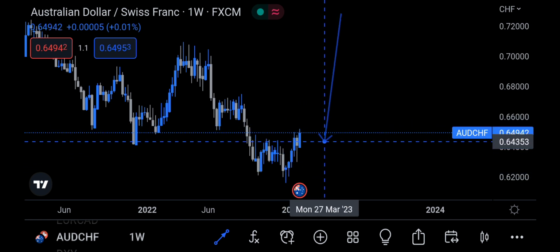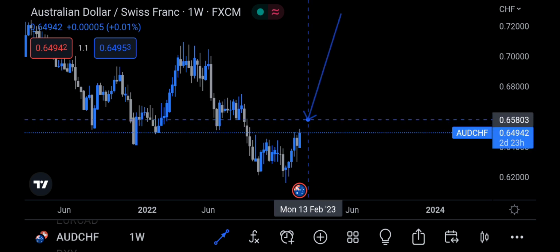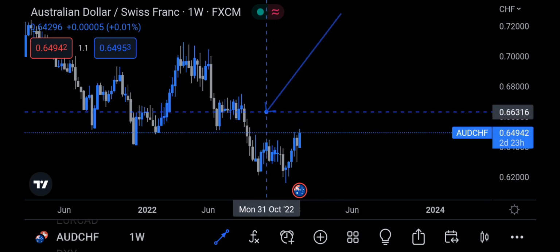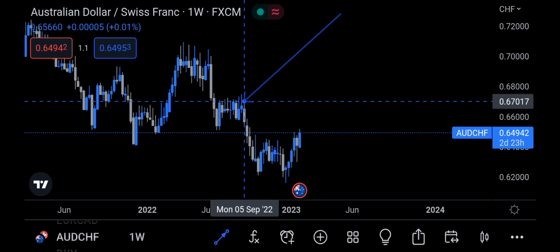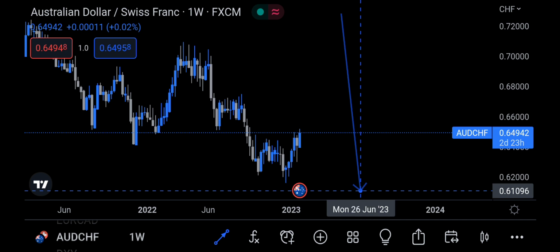So we should be seeing a series of higher highs and higher lows till we get a good break of structure or mitigation around this area of supply here before we can continue to the downside.